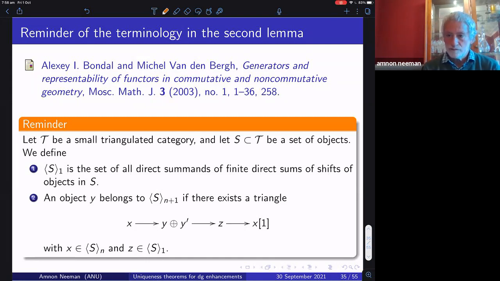In other words, I don't know how you count, but you obtain the objects in Sn by using no more than either n or n plus 1 extensions.